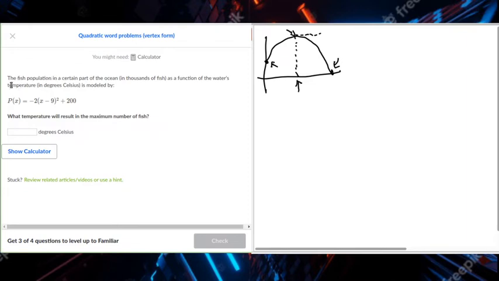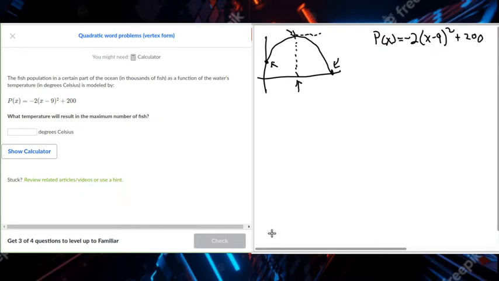All right, so the fish population in a certain part of the ocean as a function of the water's temperature, in degrees Celsius, is modeled by P of x equals -2 times (x minus 9) squared plus 200.